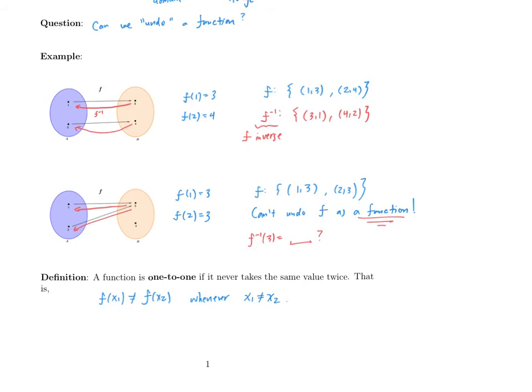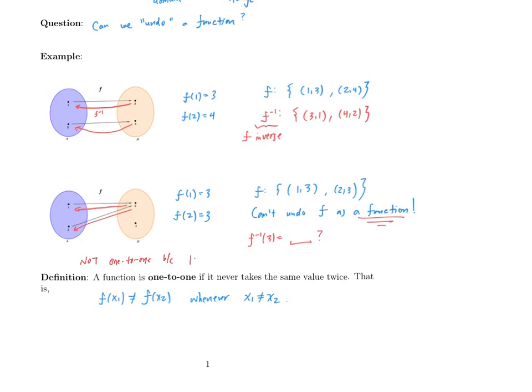And if we look at that second example we have above, we can make the observation that it is not one-to-one. And we can also give a reason. And this is what we have to be careful to make sure we're doing. So why is this function not one-to-one?